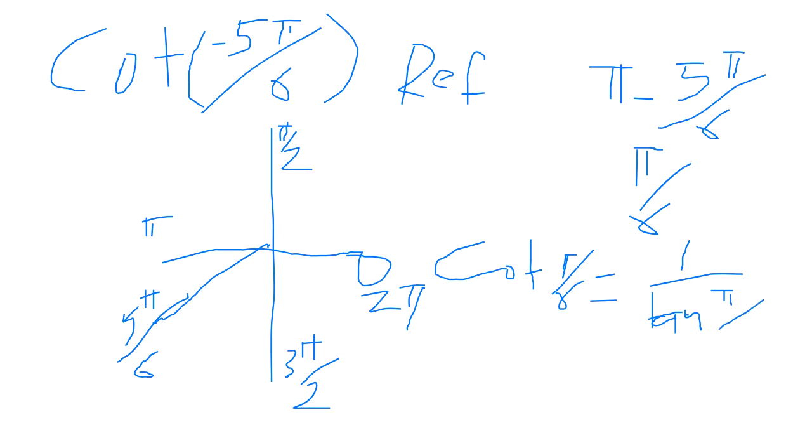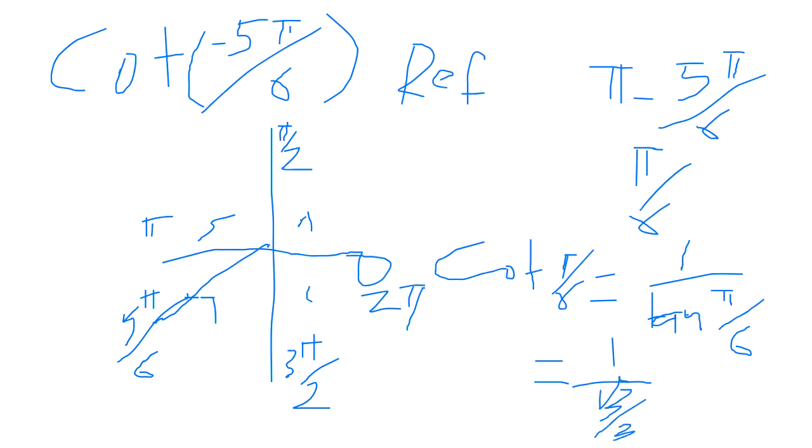And this angle was in the third quadrant. In the third quadrant, tan is positive. So we keep the positive. Then we know that tan pi over 6 is the same as tan 30, which is going to be root 3 over 3, or 1 over root 3. The same thing.